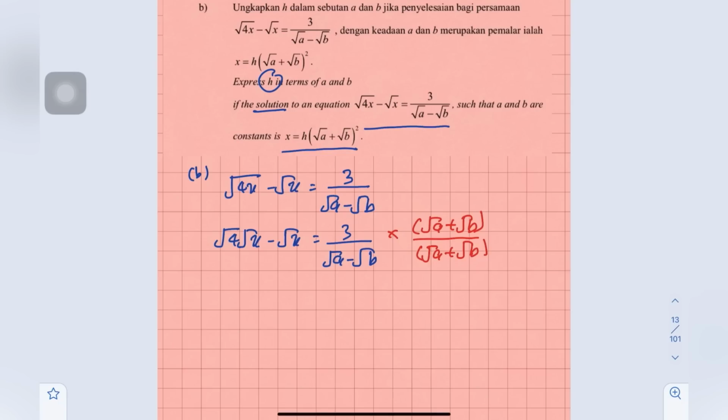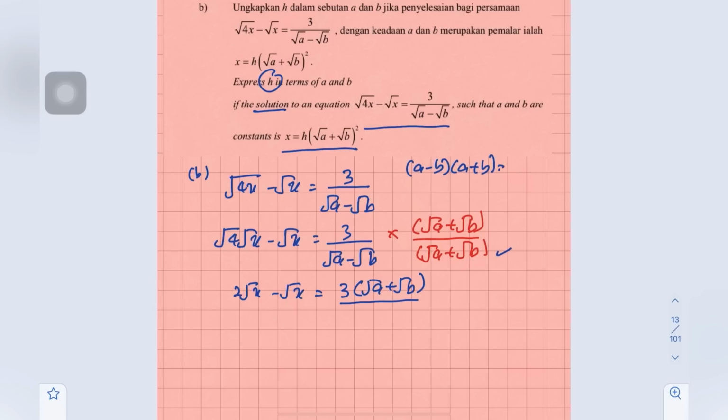So then √4 is 2, 2√x minus √x equals 3(√a plus √b). For this one we use (a minus b)(a plus b) equals a squared minus b squared. So this one becomes √a squared minus √b squared.